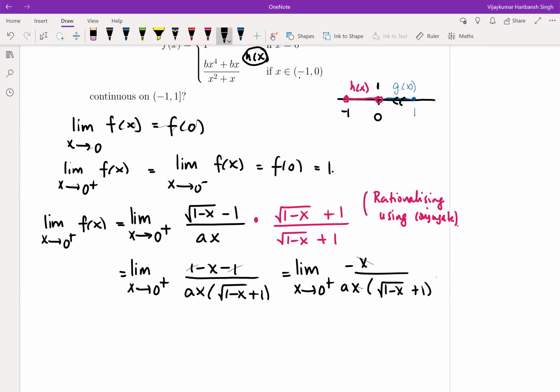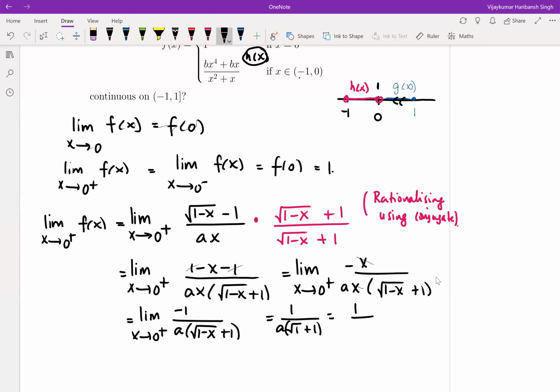What do I get? This is going to be the limit as x goes to 0 plus of 1 upon a times square root of 1 minus x plus 1. And then what do we get? As x goes to 0 plus, this is going to be minus 1 by 2a, with a minus sign, since it is a times square root of 1 plus 1.